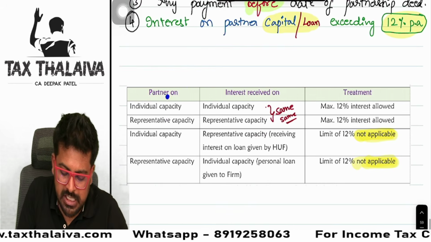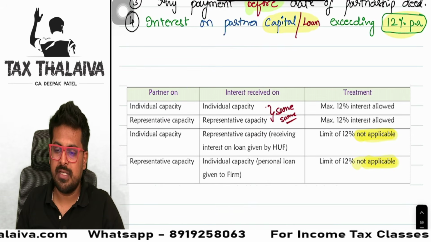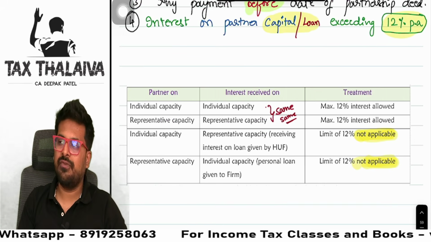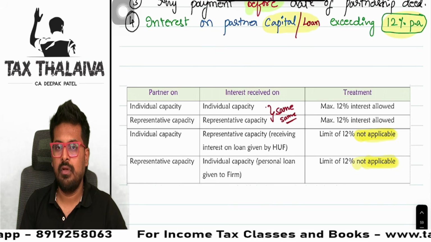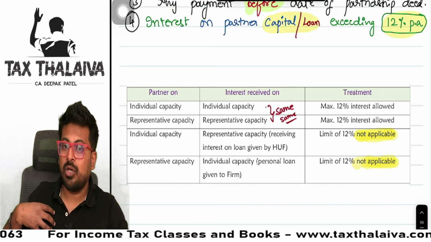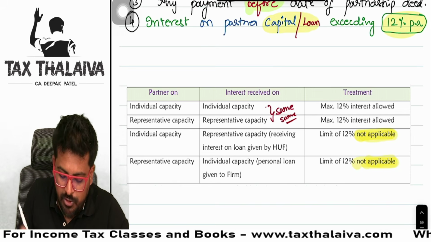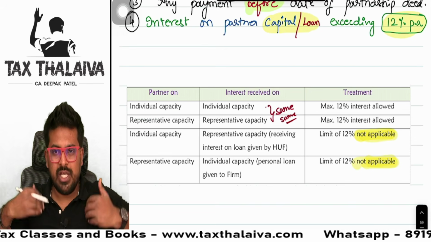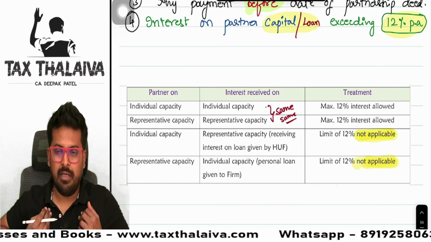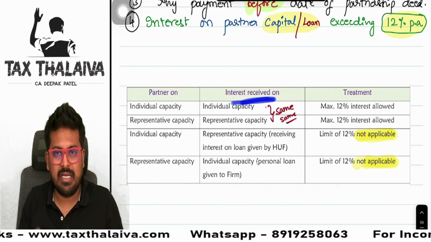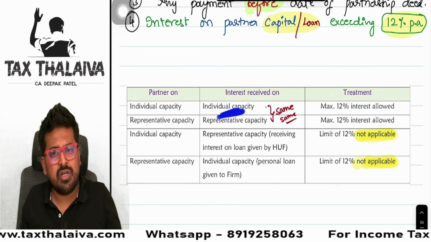Now, when it comes to interest payment, guys, a lot of times a partner would be representing another entity in the partnership firm. Let's say, for example, HUF. HUF is a partner, but the partner is the Karta. In that case, what will happen? If the partner is in individual capacity, means he is not representing any HUF, he is only a partner. Let's say, for example, I am only a partner in a partnership firm, and I receive interest, in that case I am receiving the interest in individual capacity.